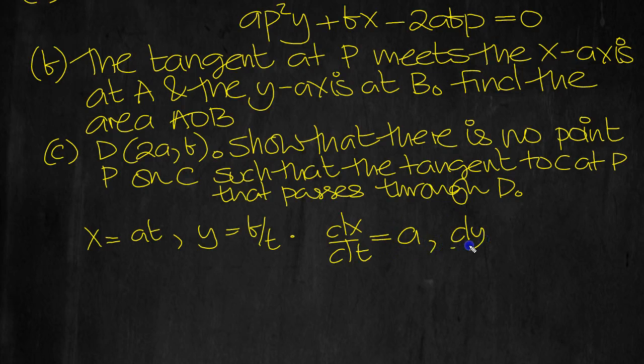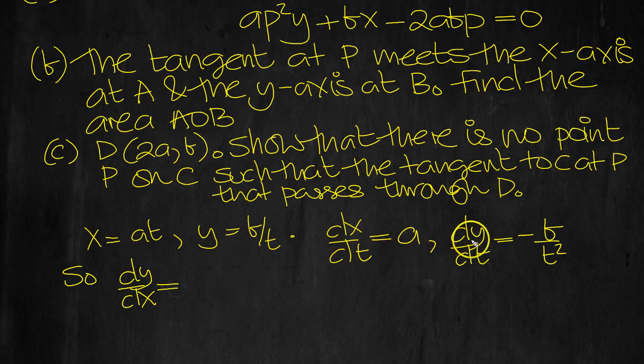And dy/dt, differentiate this, it's t to the minus 1, so it's minus b t to the minus 2. So that's dy/dt. So dy/dx then is equal to this divided by this, isn't it? So it's minus b over t squared divided by dx/dt, which is a.